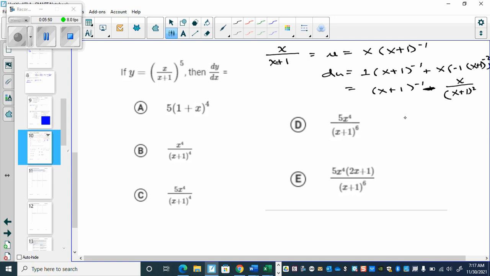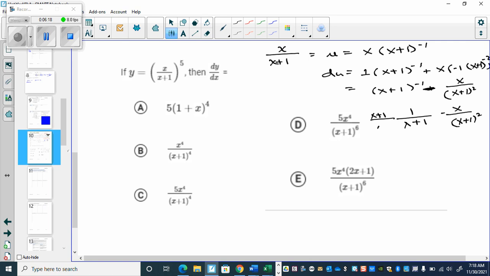I'm just going to make this a fraction as well. Have x plus 1 over that, minus x over x plus 1 squared. So that's using the product rule. Looks nothing like what I need right now, but that's okay. I'm going to put these together here. So I'm going to multiply this side by x plus 1.